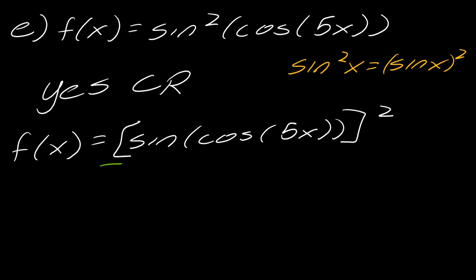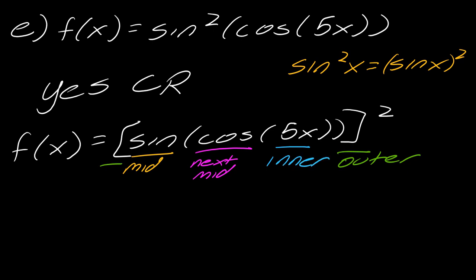That's important because you have to recognize the order. Here's your outermost function, this thing being squared, then this mid function, then this next mid function, and finally this last one, your inner function. So there are actually 4 functions being composed using our rules as a guide.